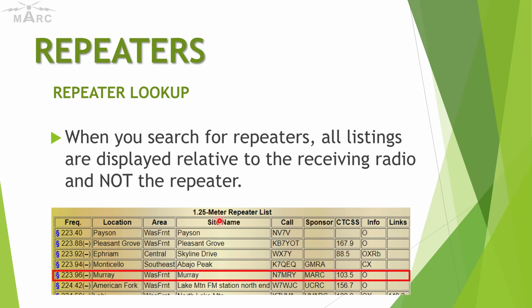If you go down to the 1.25 meter repeater list, this is a concatenated version of that, but you can see the Murray repeater, 223.96 with a little minus sign there, and we're along the Wasatch Front, and there's our call sign, N7MRY, sponsored by Mark, and there's the CTCSS. So generally speaking, every repeater lookup website will give you everything that you need to know to program into your radio so that you can talk to the repeater.